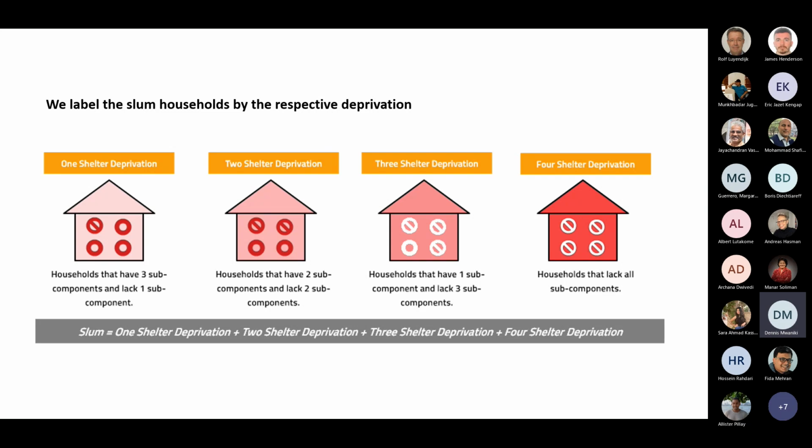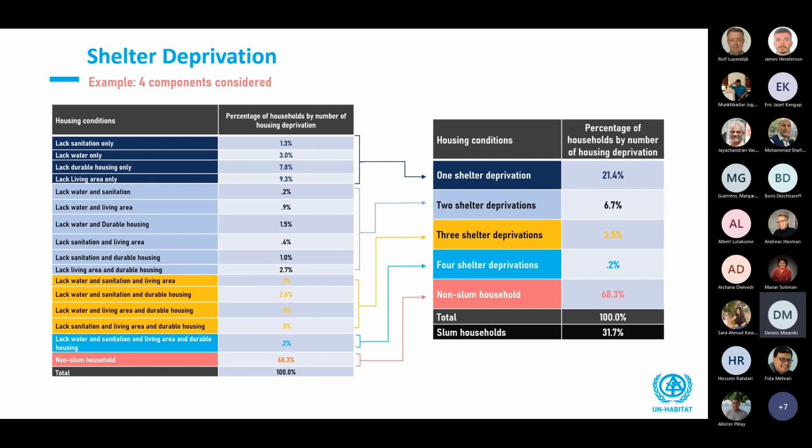So ideally, a household that has 4 deprivations or 5 deprivations is much more severely impacted by different basic service deprivations as opposed to one that only has 1 deprivation. And in that case, if a city or someone wants to intervene, the first entry point would be to intervene where there are more shelter deprivations than where you only have 1 deprivation.